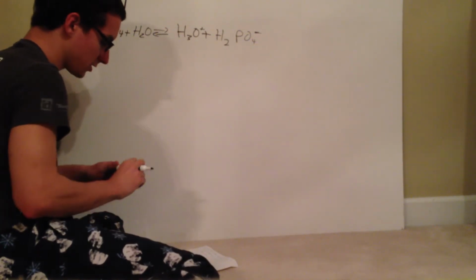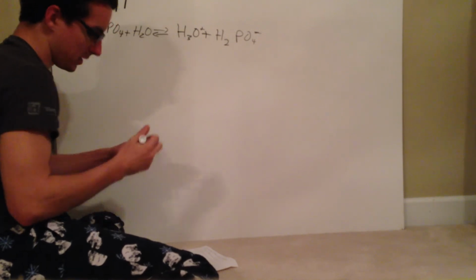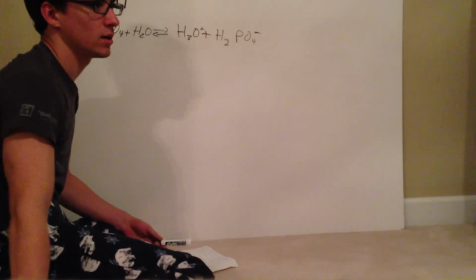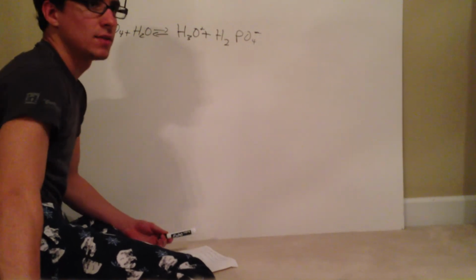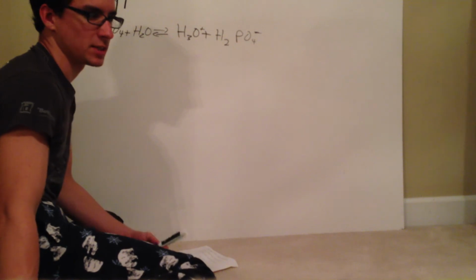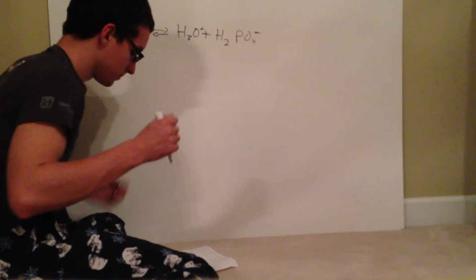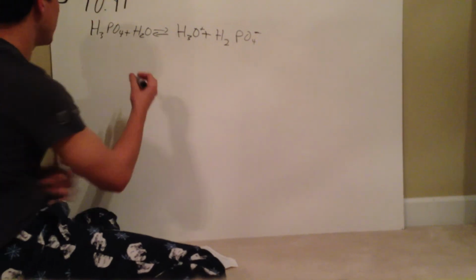And so basically we have to use our Ka to figure this out. So the pH is negative log. Negative log is basically how you get your pH when you're given something in scientific notation. I know that made 0 sense. Let me work it out. It'll make sense, hopefully.